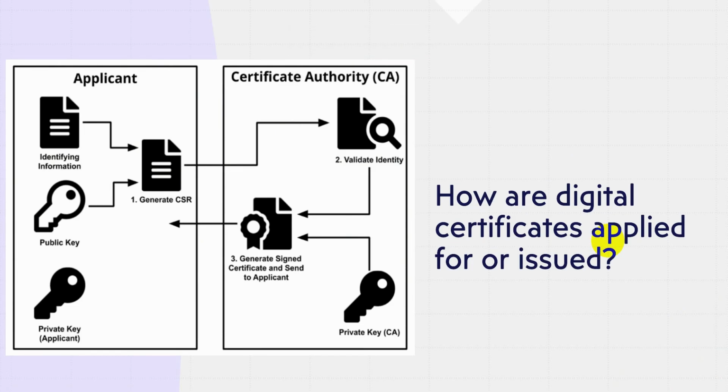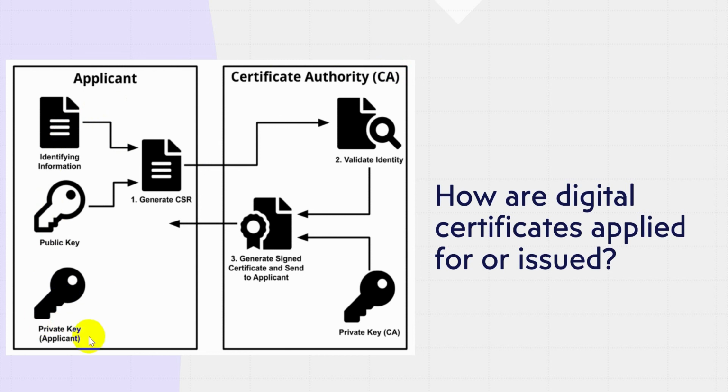How are digital certificates applied for or issued? When we want a digital certificate, the applicant is usually the server. The server wants a certificate from the certificate authority, the CA. So first it needs to generate a private key and a public key.